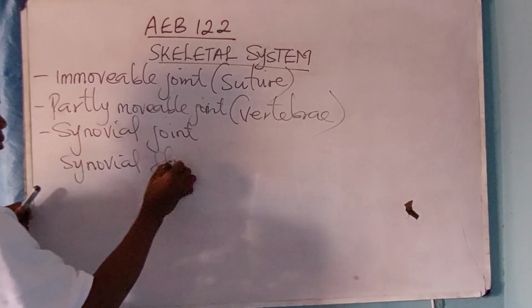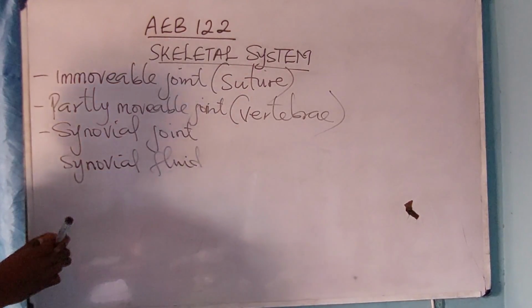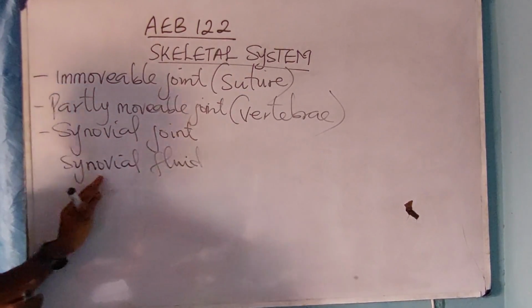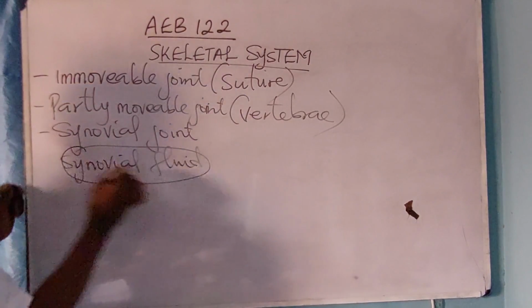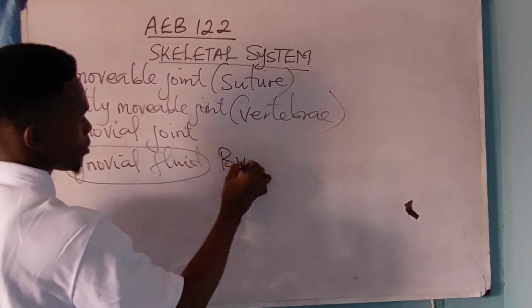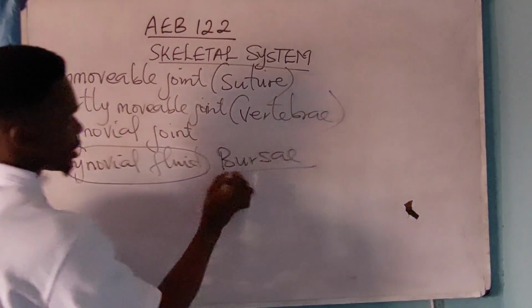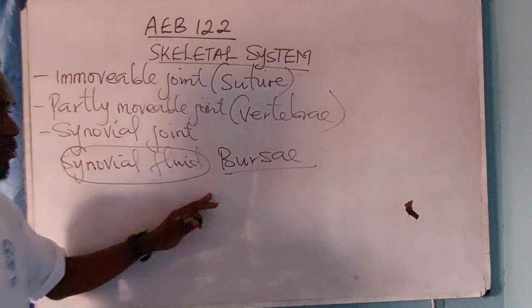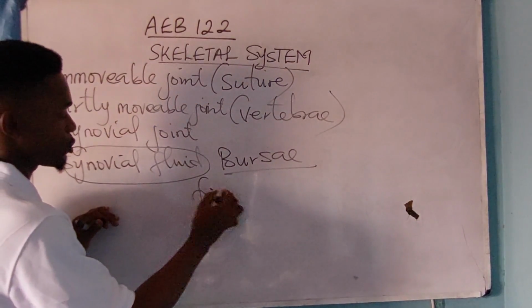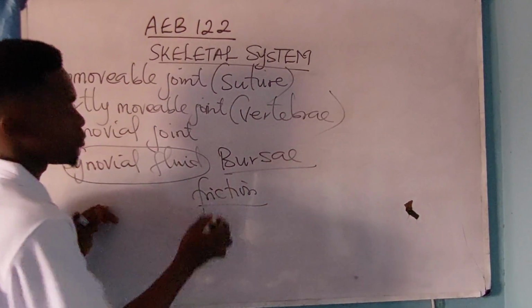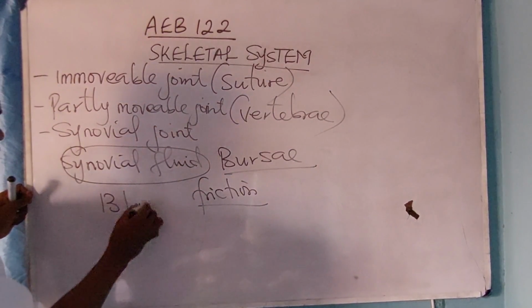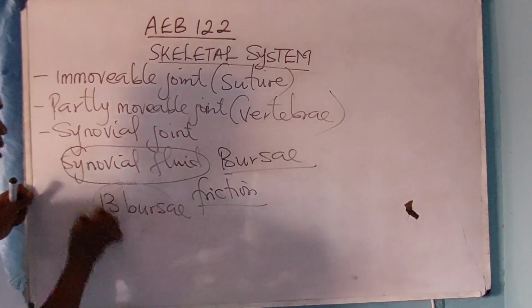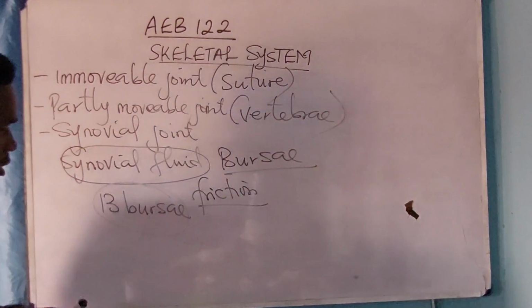This synovial fluid is found in the bursae. The bursae is that region where the fluid is found, and it prevents friction during movements. Please, the knee has 13 bursae. Please take note of that.